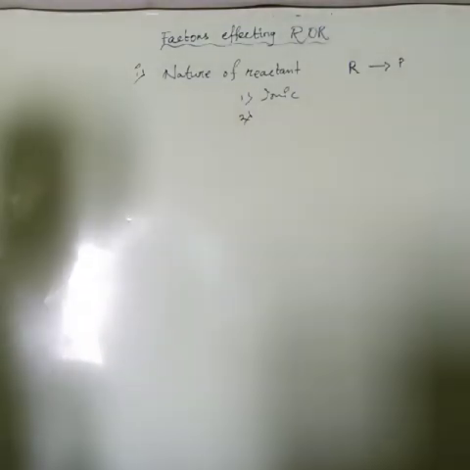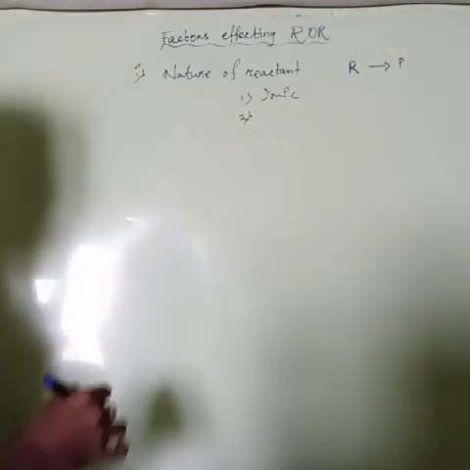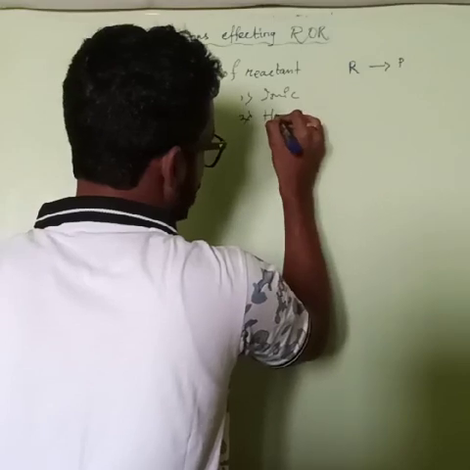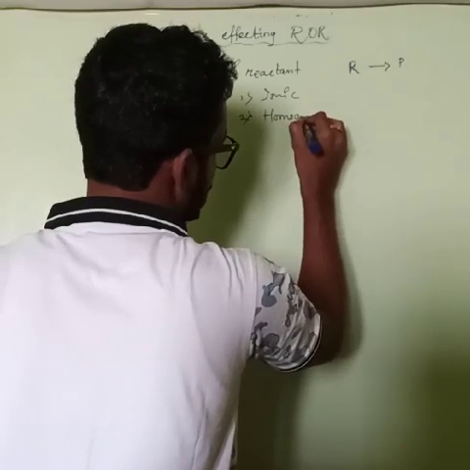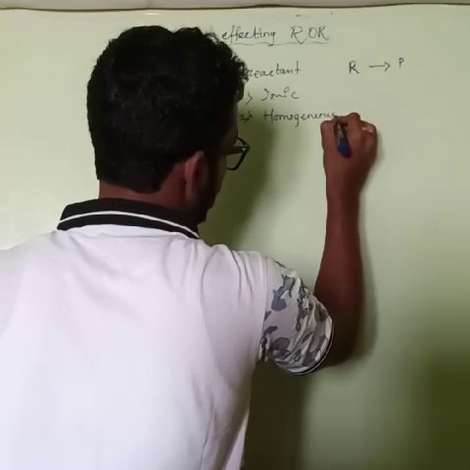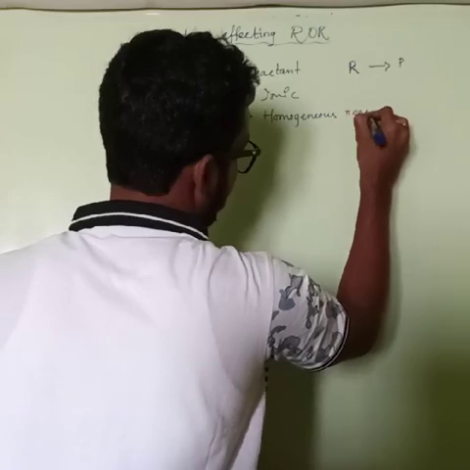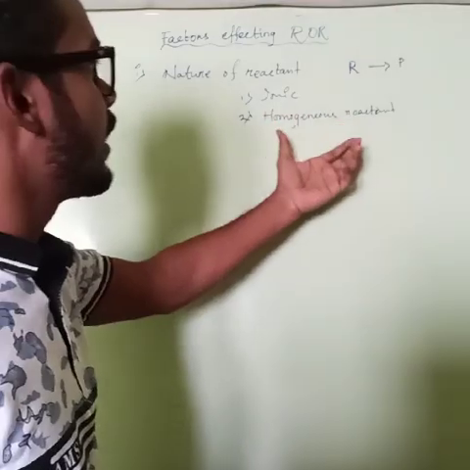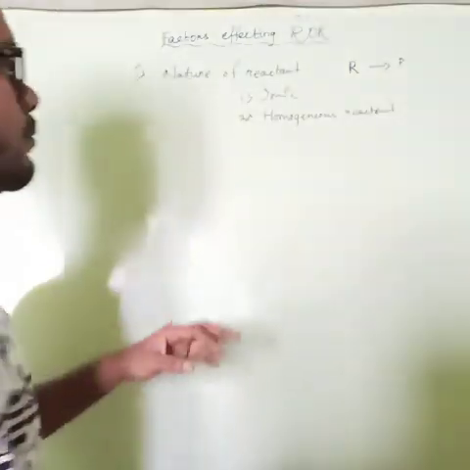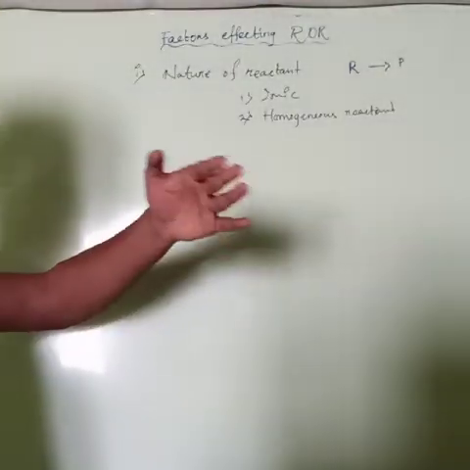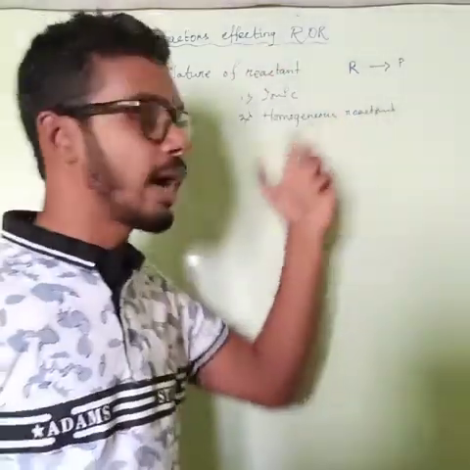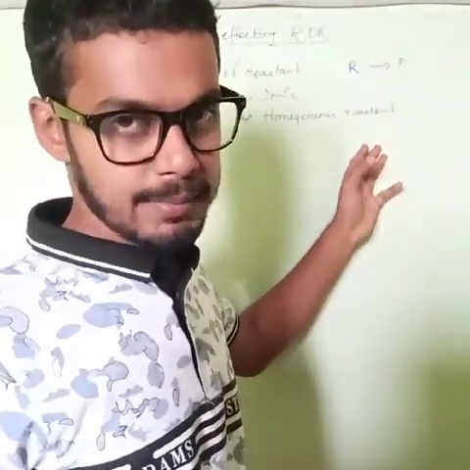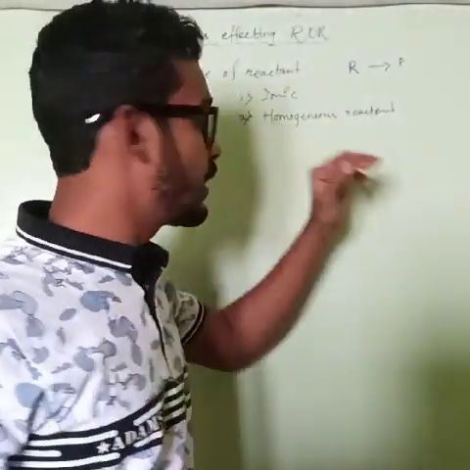Second, whether that is a homogeneous reactant or not. So what happens in case of homogeneous reactant? It is quite mixed, and the rate of reaction is high in case of homogeneous reactions, and in case of ionic also high.